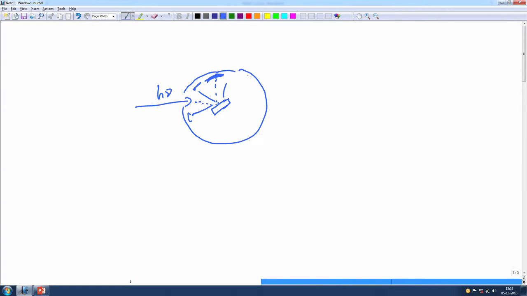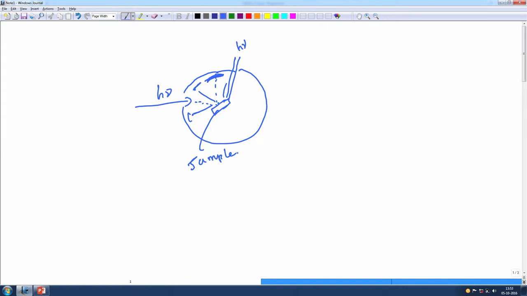If I keep a hole somewhere here, the radiation h nu can be determined, which is a quality of the reflection of the material which is pasted on the sample here.